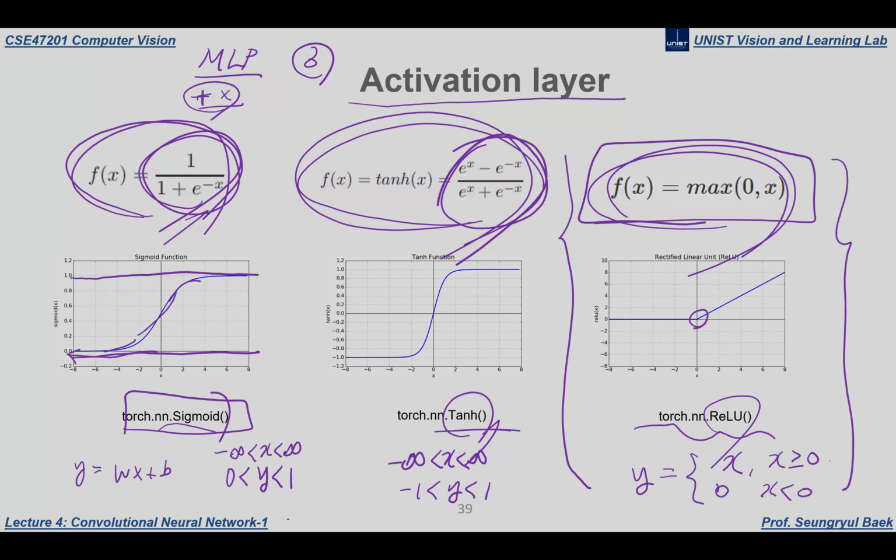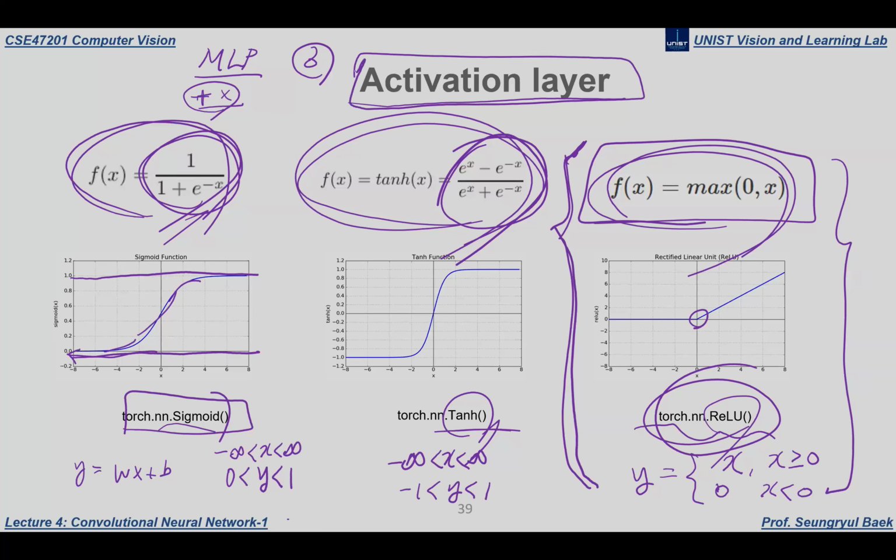But we now frequently use this ReLU thanks to their good characteristics. And another thing we have to remember is that these activation layers are differentiable functions. Their output is differentiable with respect to x because they are polynomials, right? Also same for this, but is this ReLU differentiable?